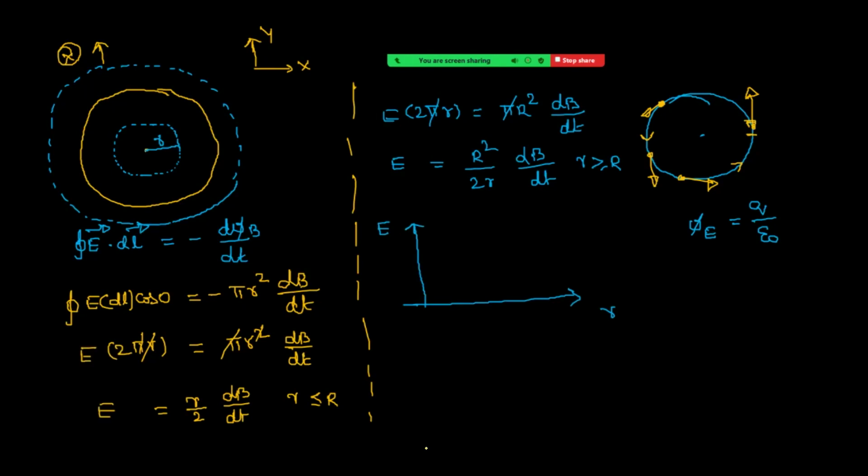You can see up to the surface, it is changing linearly, that is r equal to capital R. After that, you can see here R square is a constant, dB by dt may be constant, but because we are focusing only on the distance, E is proportional to 1 by r, right?